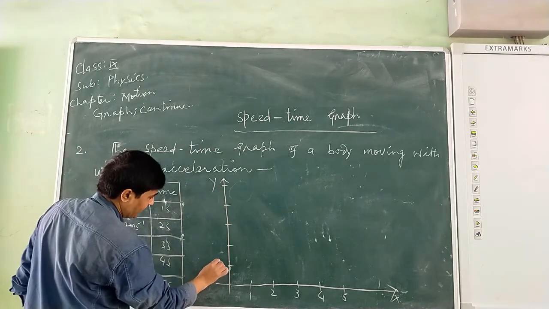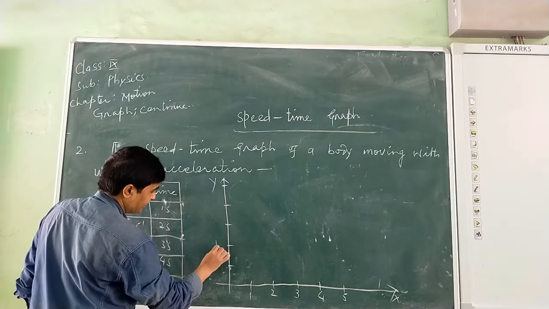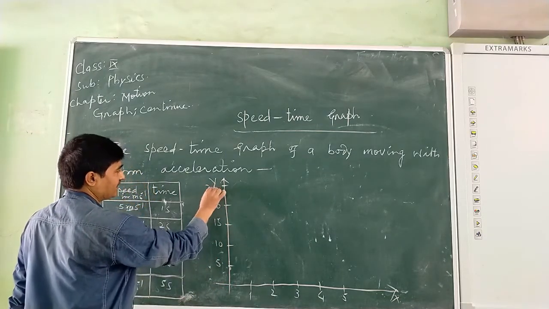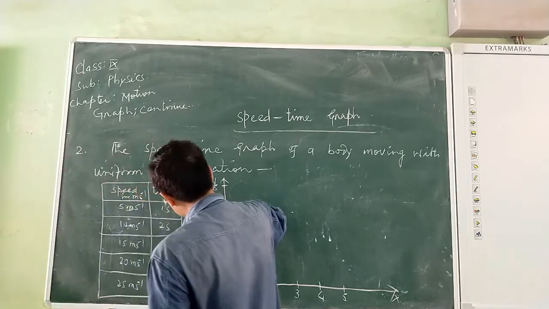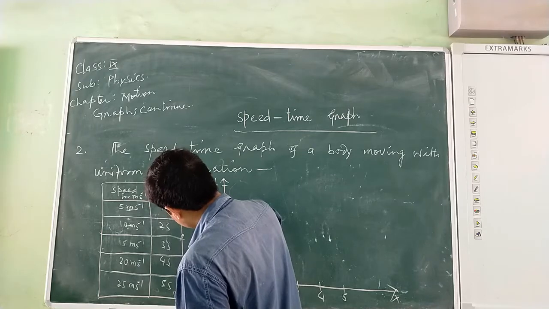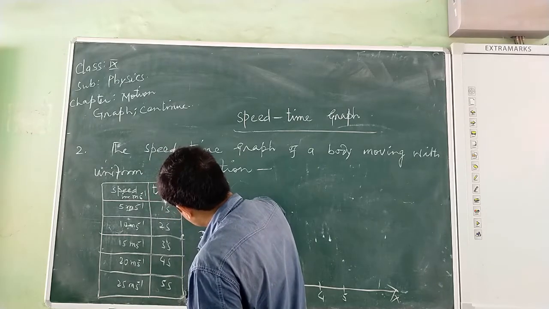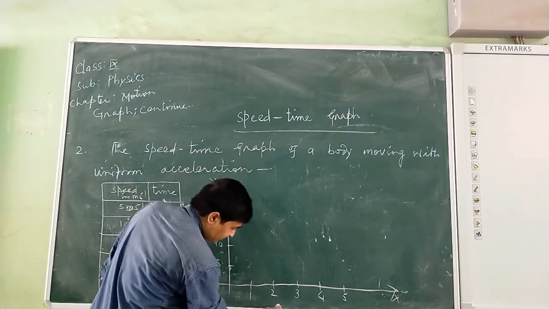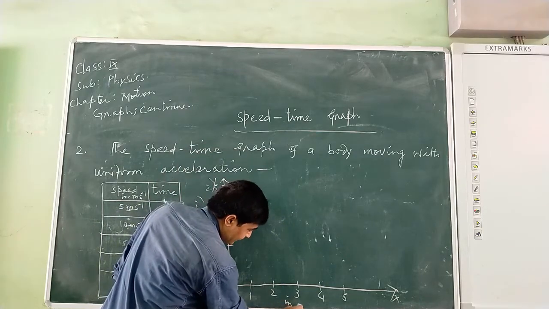Here the speeds 5, 10, 15, 20, and 25 meter per second are on the y-axis, speed in meter per second, and on the x-axis time, in seconds.